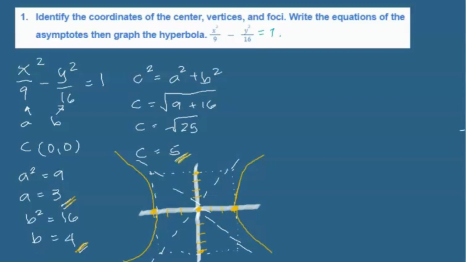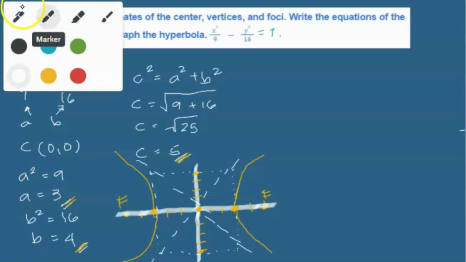So this is b, 4. 1, 2, 3. a is 3. So this is 5. That's our first focus. 1, 2, 3, 4, 5. This is our second focus. Let me extend the graph.